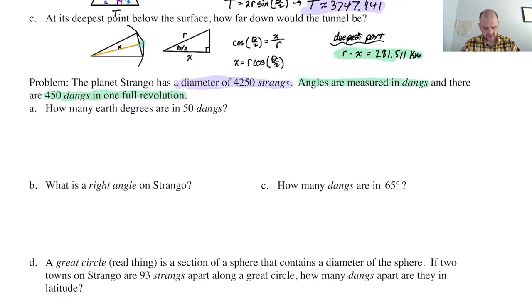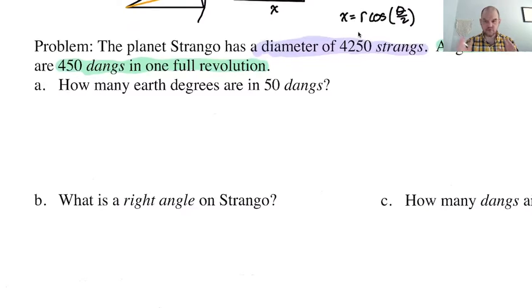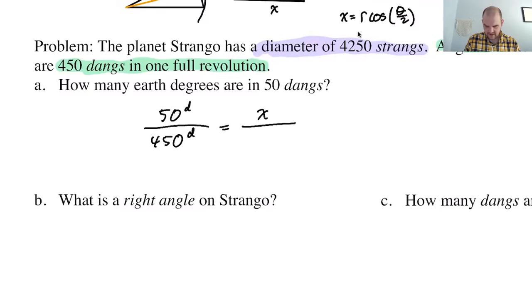How many Earth degrees are in 50 dangs? Okay, Earth degrees, 50 dangs. Dangs are angles. I'm just going to do a proportional reasoning thing here: 50 dangs out of 450 should be x degrees out of 360 degrees.